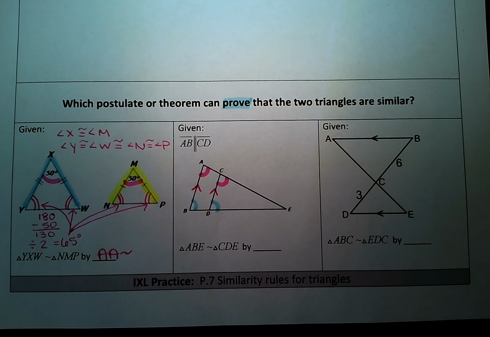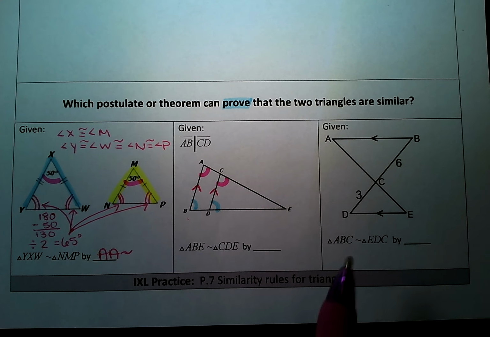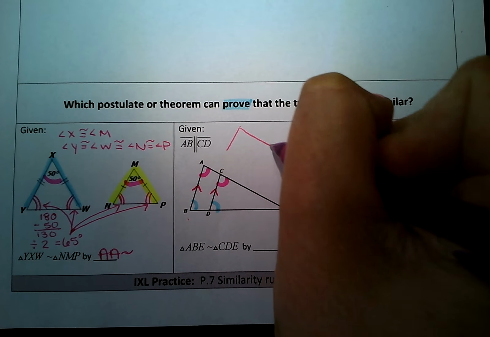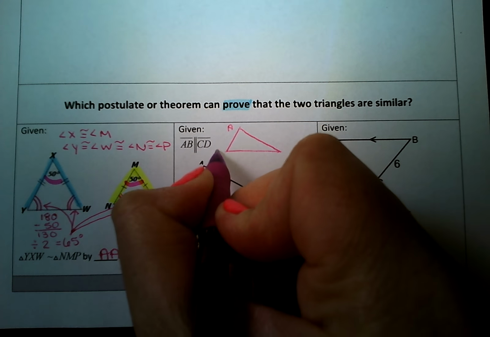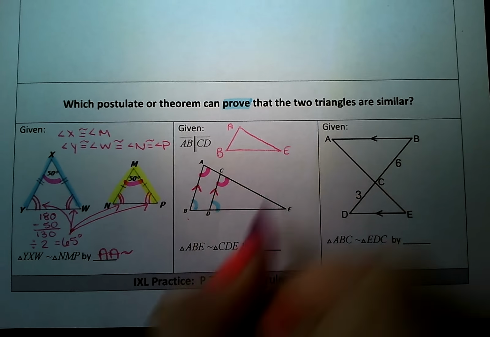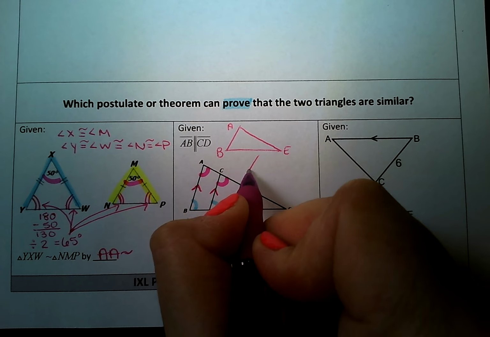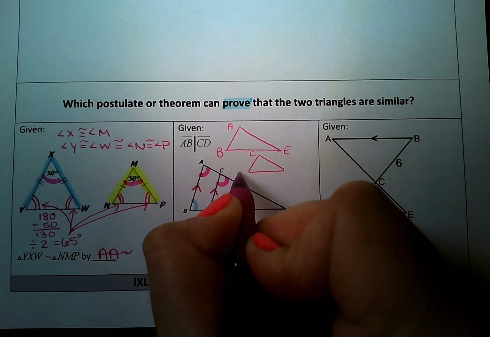Now, how is that helpful? Well, check out the triangles you're comparing. ABE is the larger triangle. I'm going to redraw it here. ABE. And CDE is the smaller triangle that's stacked inside of ABE. So CDE.